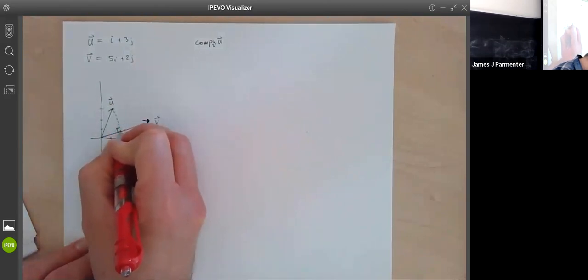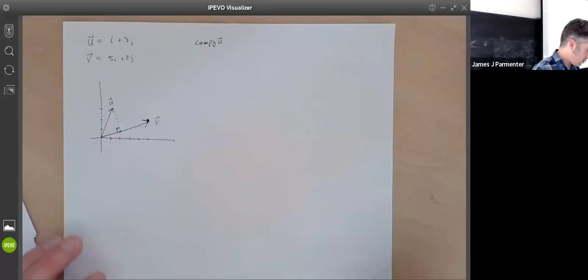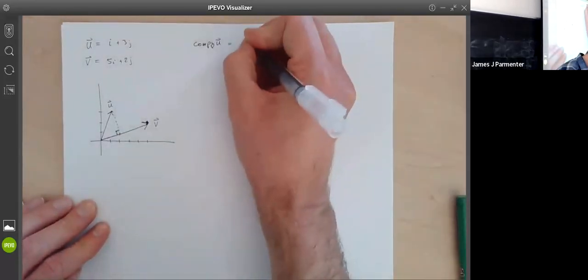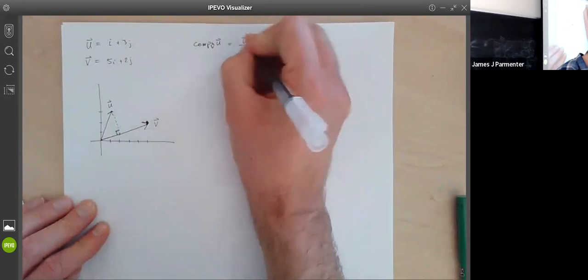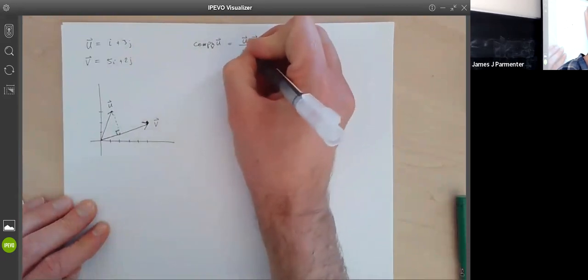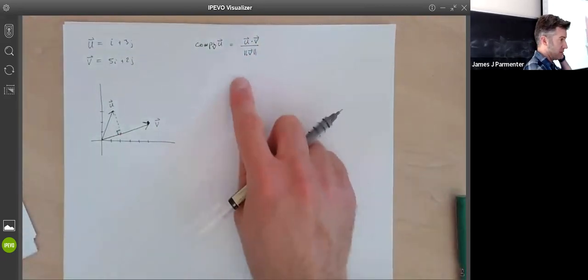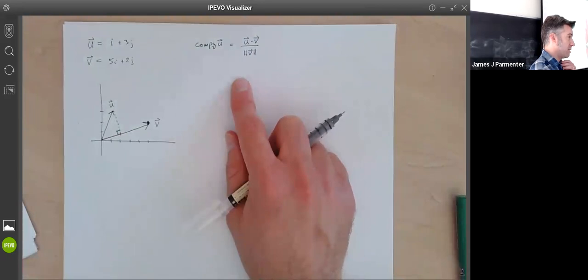Well, we found it before. It's going to be u dot v divided by the magnitude of v. I'll be perfectly honest, this is not the formula I usually remember. The formula I really remember is the whole projection formula, u dot v over the magnitude of v squared times the vector v.